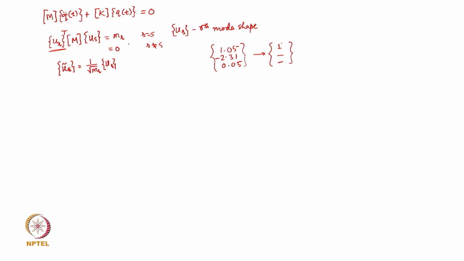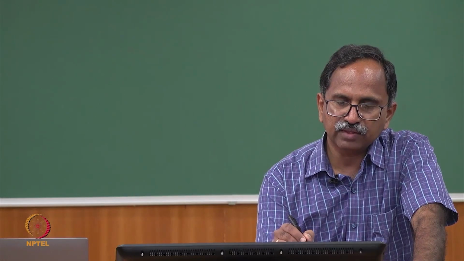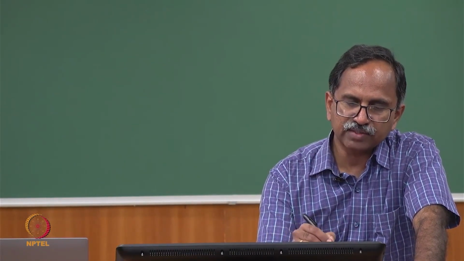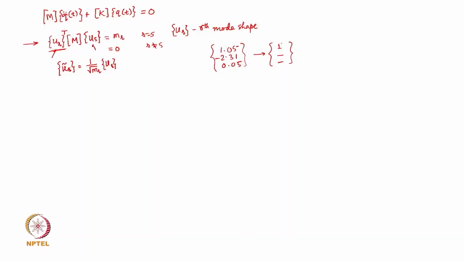Now, if you do that, it is almost like dividing this particular equation throughout by Mr. So, square root of Mr gets distributed in this as well as this mode shape. Now I can use the same equation in the normalized modal vectors, represented by a tilde on top of u.